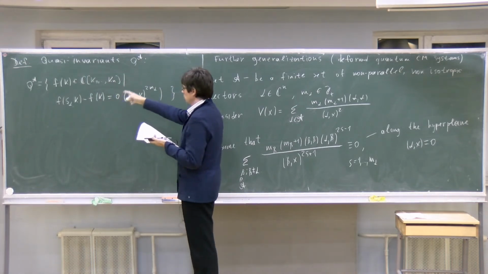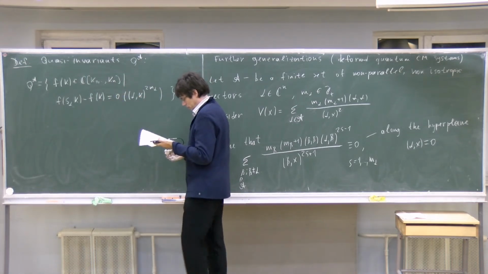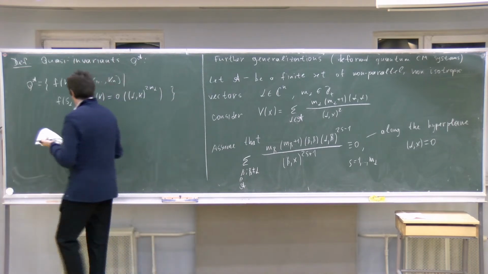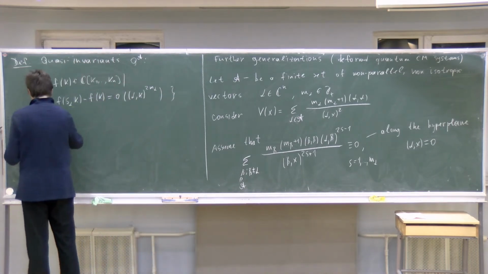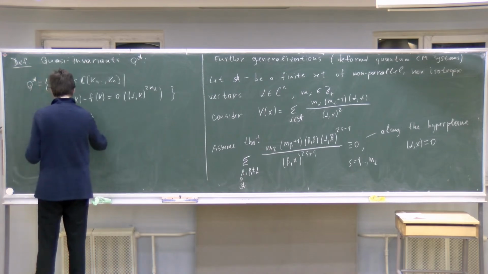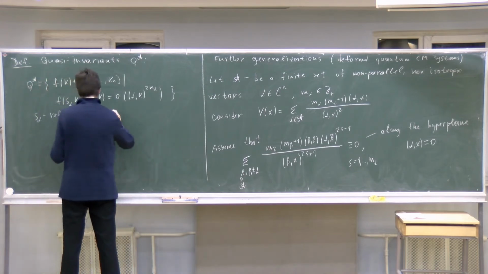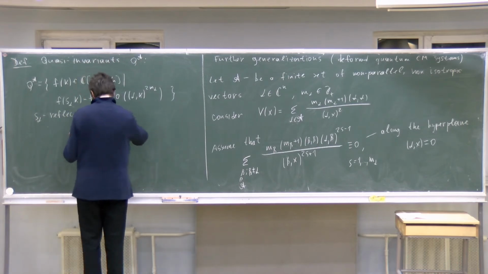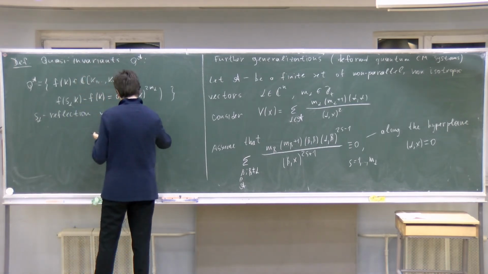These are the following polynomials, where s alpha is a reflection with respect to the hyperplane alpha k is equal to 0.